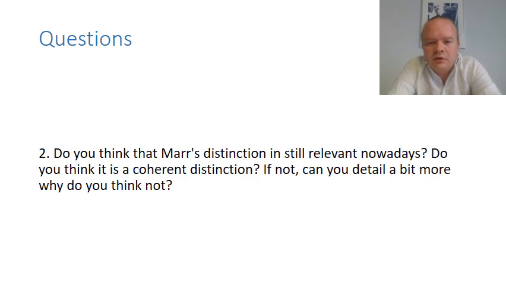So I think it's a coherent distinction, definitely. What it might not be is relevant in terms of actual computational modeling. As was seen in the quotation from Sun, it seems that most people who are working in this field do not really consider Marr's distinction to be such an important one anymore.